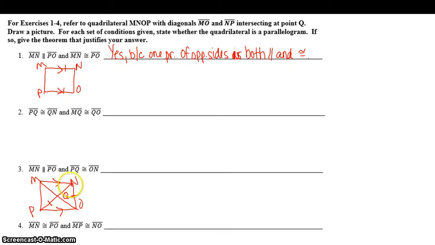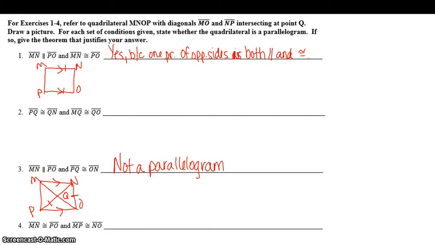Okay? So this definitely is not anything that shows that a quadrilateral is a parallelogram. So not a parallelogram, because that's not one of the 5 ways that we showed we had a parallelogram.